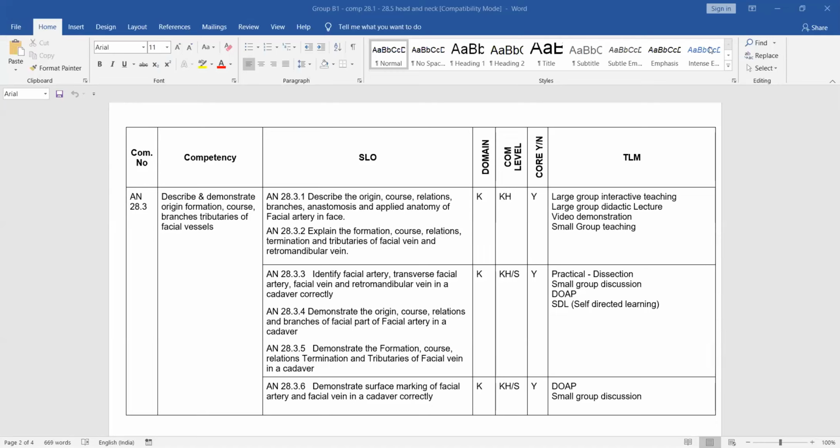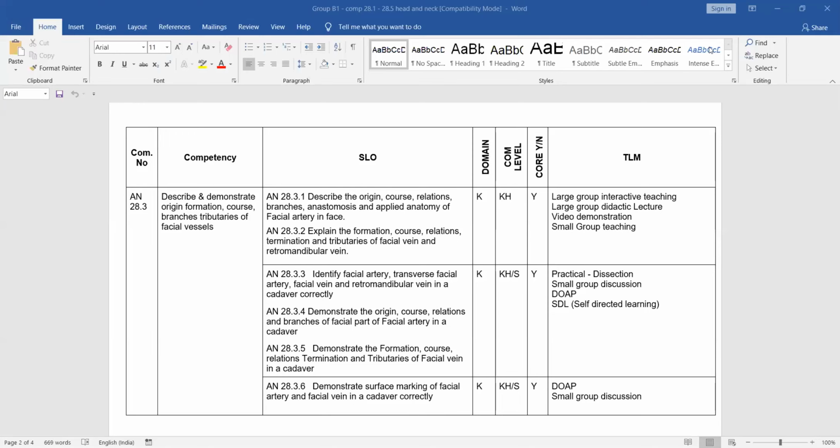Would that come under knowledge alone? No, I think that skill would also come there. Dr. Bhavna also agrees with you that surface marking is a separate demo. Yes, ma'am. So there will be a repetition here.